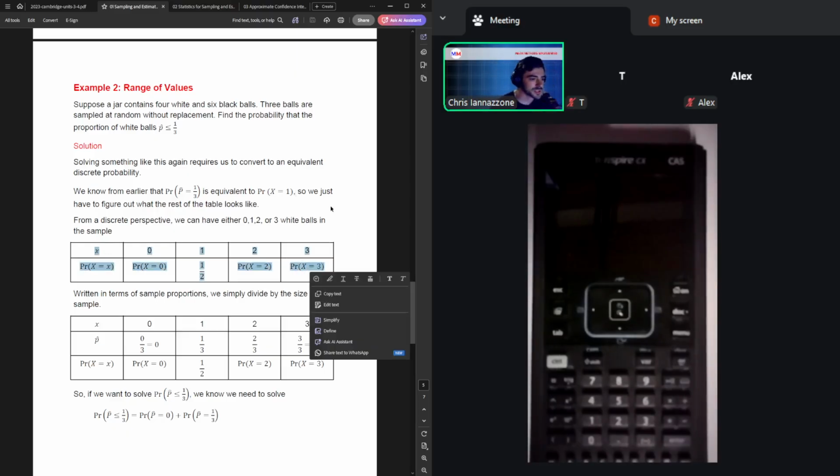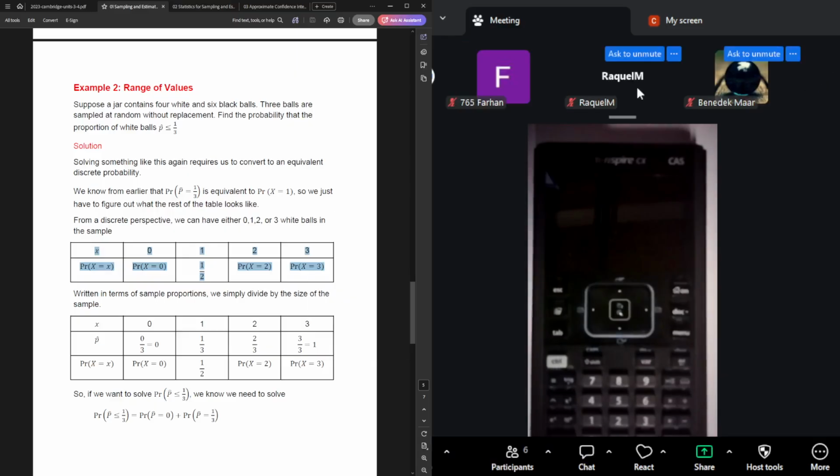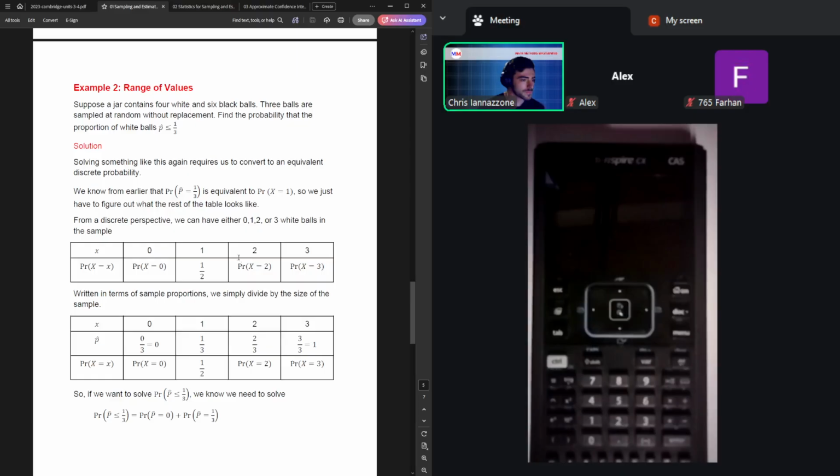From there, we would just set up, or at least visualize, our discrete probability table, and then go from there. So for x less than or equal to 1, that would mean this outcome and the x equals 0 outcome.